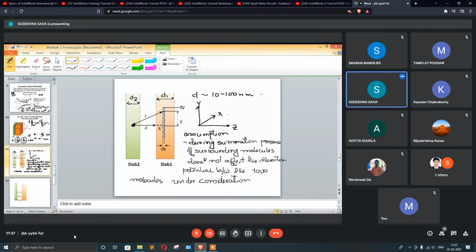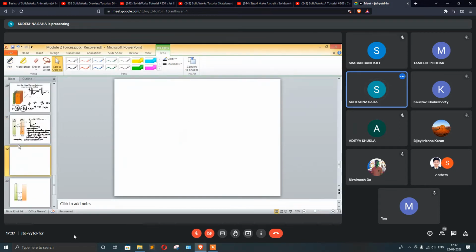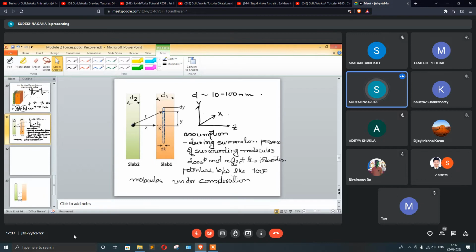Let me just take another slide. Okay, so as the van der Waals potential is a function of the distance r between the molecules, one must choose the integrating volume in a slab, which is the locus of all the equidistant points from the chosen point in slab 2, and that basically is clearly this thin circular ring that we are thinking about.